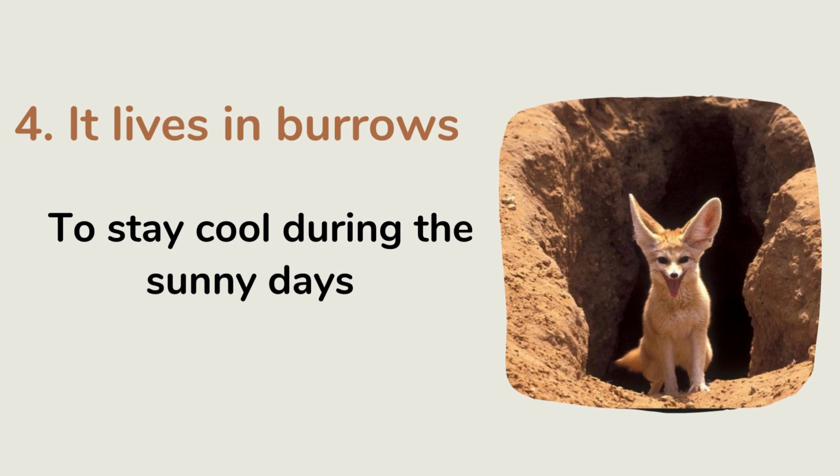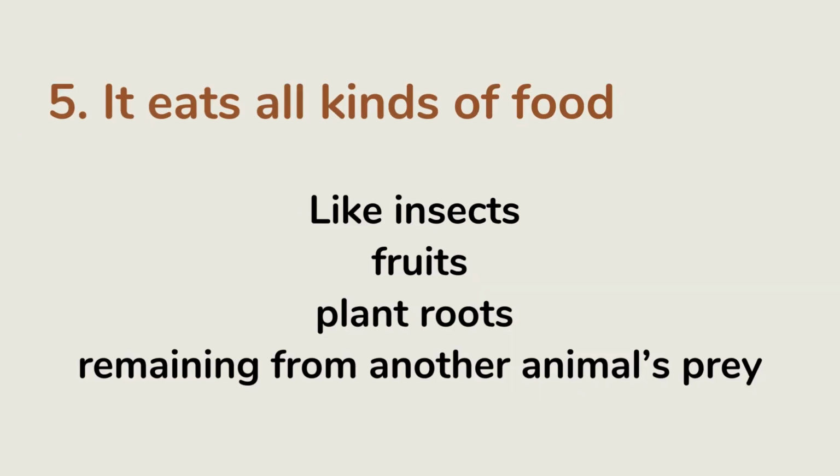And then the last adaptation that we will discuss is that it eats all kinds of food like insects, fruits, plant roots, and remains of another animal's prey. This is one of the behavioral adaptations, yes, because it's about action.